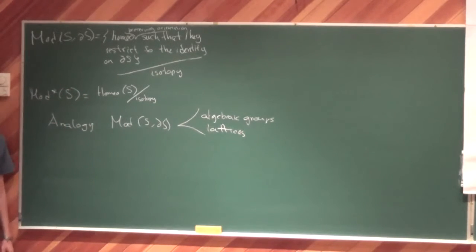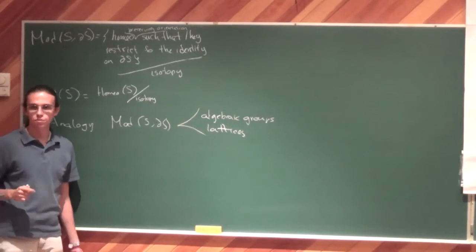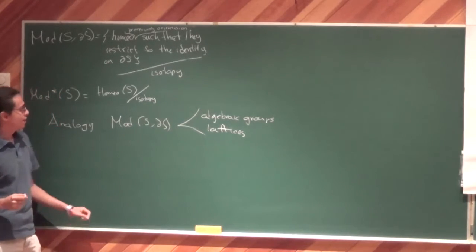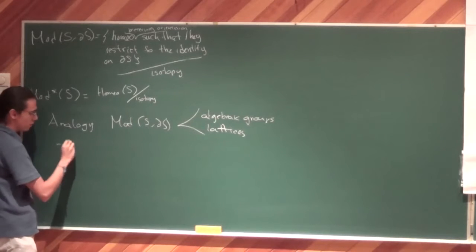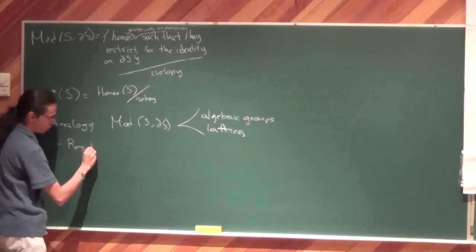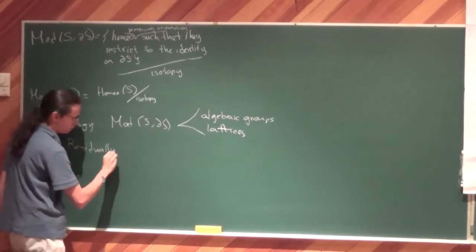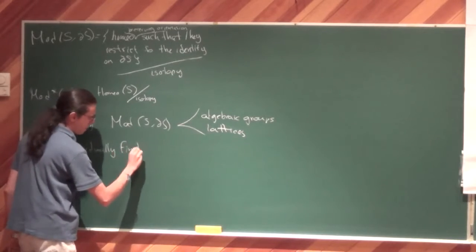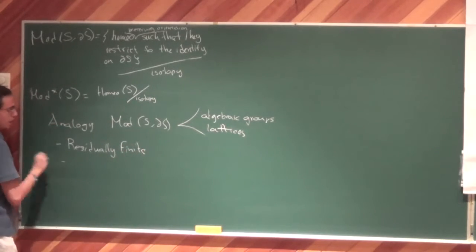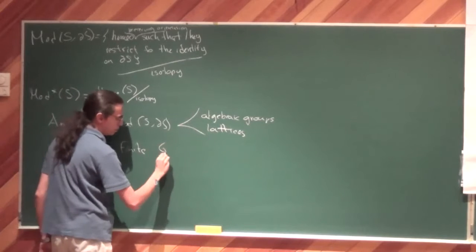And well, this analogy has been giving results to those studying the mapping class groups. For example, the mapping class group is residually finite. This was shown by Grossman.